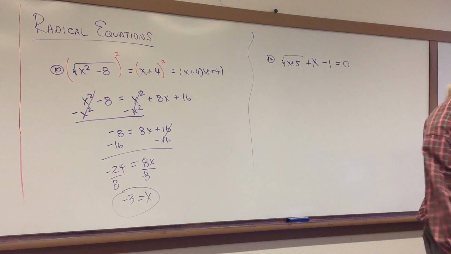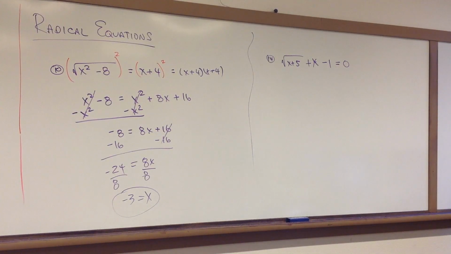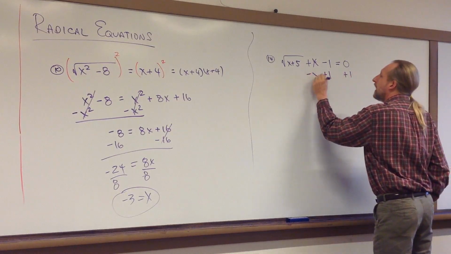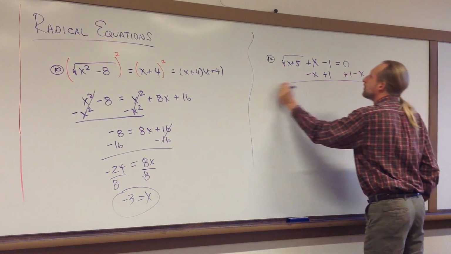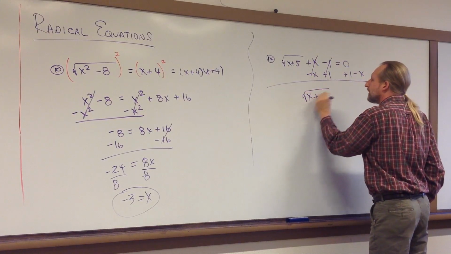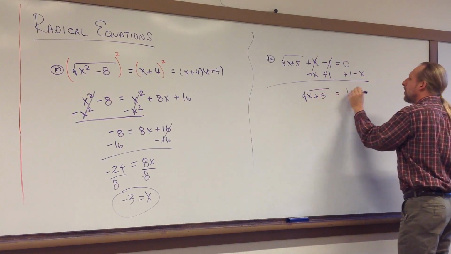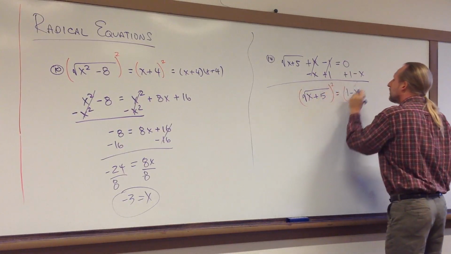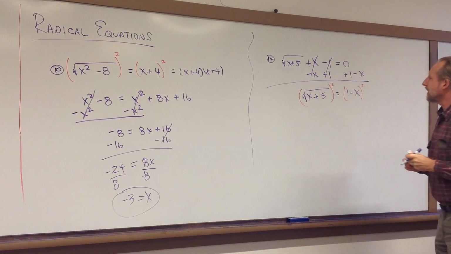So now we do want to get that square root by itself. So let's add 1 and subtract x from both sides. So that'll cancel these out, and that'll get the square root by itself. And then once we've done that, we can go ahead and square both sides.